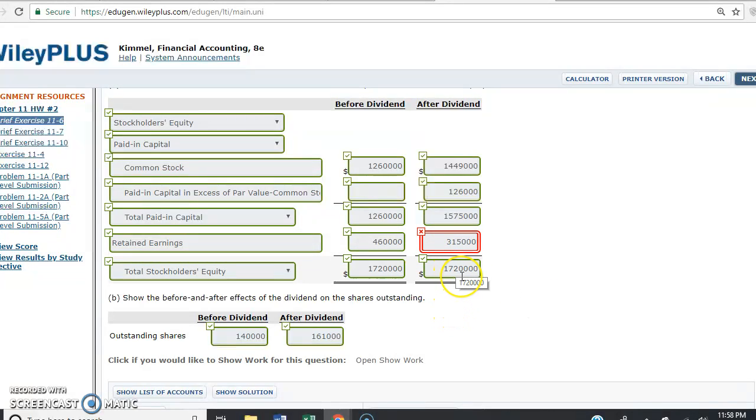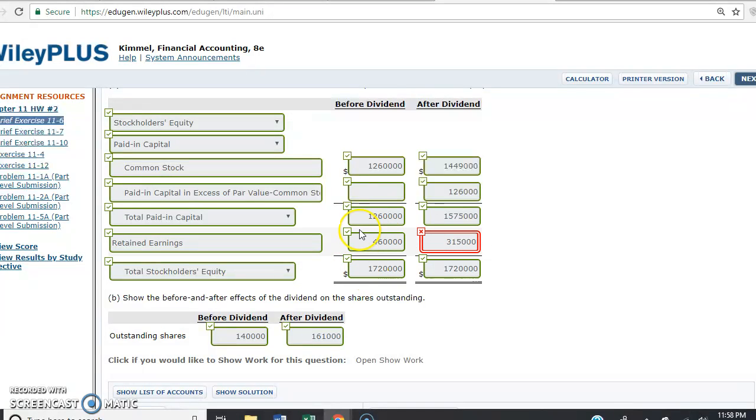So a simple way to calculate the new retained earnings is to subtract the total paid in capital from the total stockholders' equity. If you subtract this amount from this larger number, you'll find the correct answer. I'll do that for you right now. The answer should be $145,000.